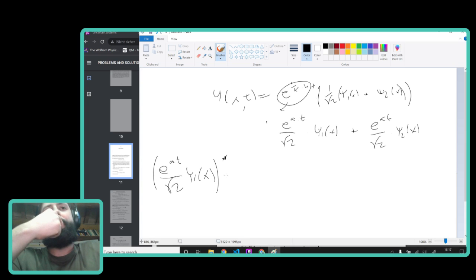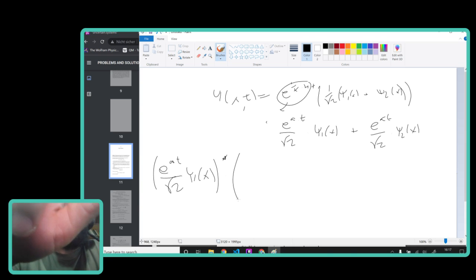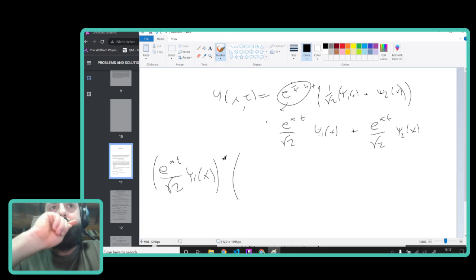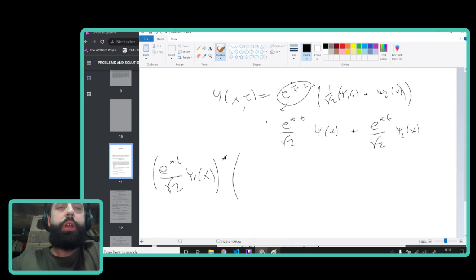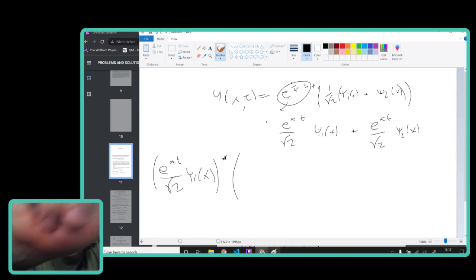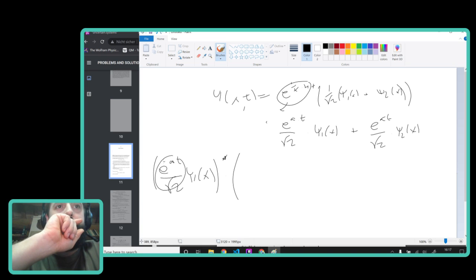Now, are these psi things complex? These are eigenfunctions, but they don't tell us. In theory, you would say it's the conjugate of these times these. So the conjugate of these is the same with minus here, because that's a complex part, right?